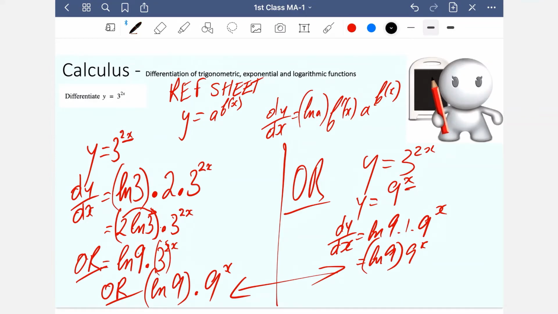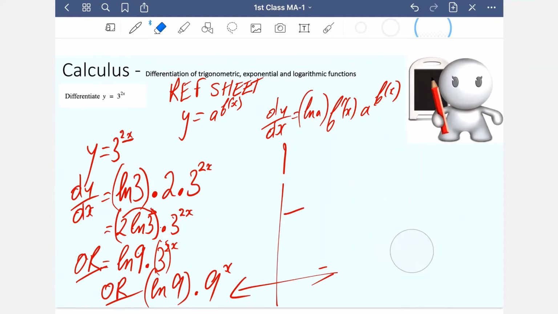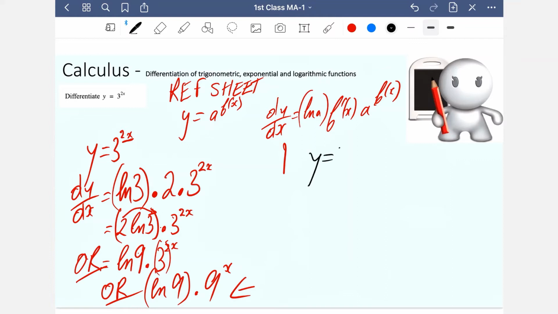Look, maybe a harder slant on this might be to do something like this. So I might just show it to you, even though we're not asking you to do it. So imagine if I had, say, y equals, well, let's move away from 3, let's go say 5 to the power of, say, 3x plus 2.